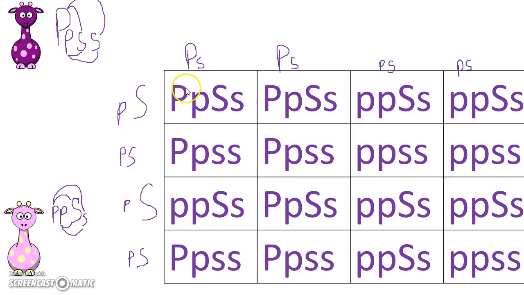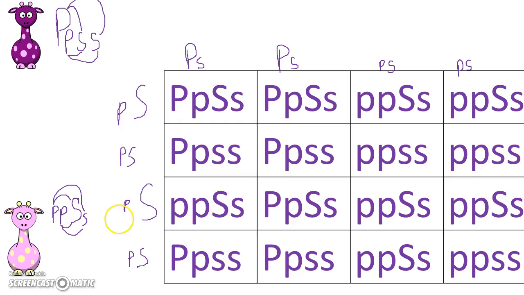So if you look at any of these that have a big P, all of these guys are going to have their daddy's purple coat. And anything that has a big S, all of those are going to have mommy's yellow spots.